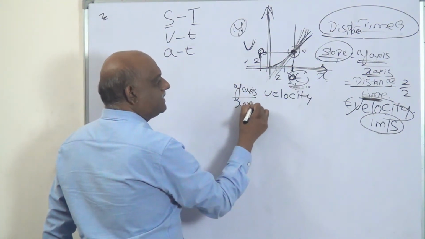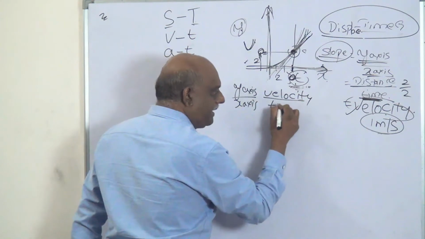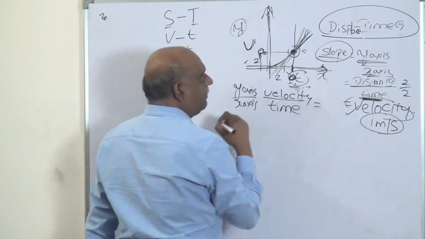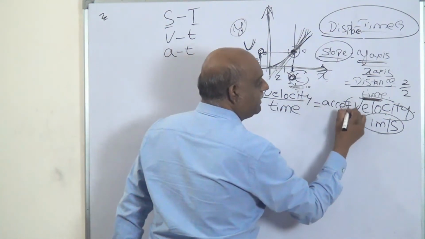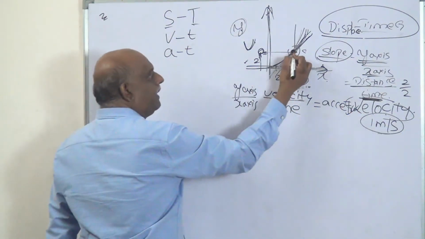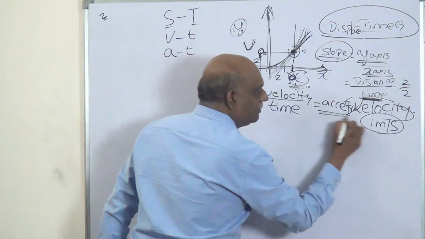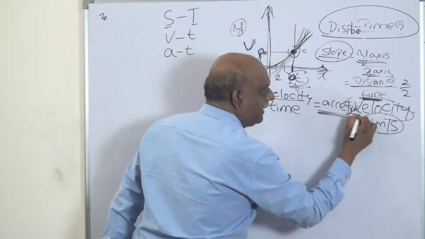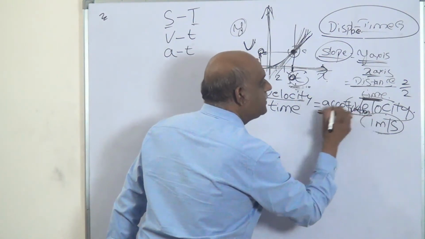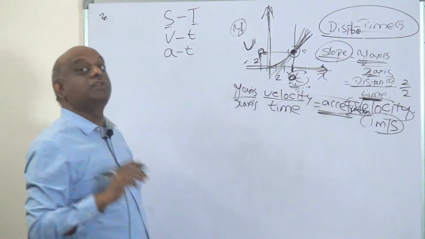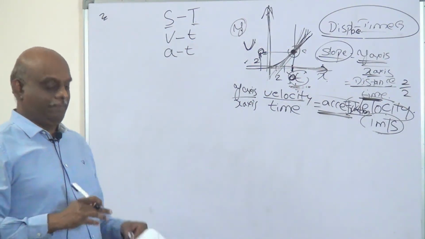So velocity by time will be equal to acceleration. So the slope at any point of a velocity time graph will give you, children, don't forget, the acceleration is what you should basically remember.